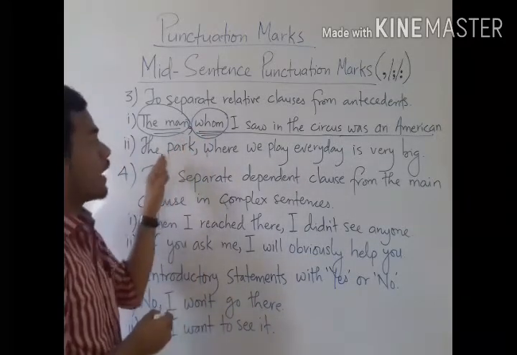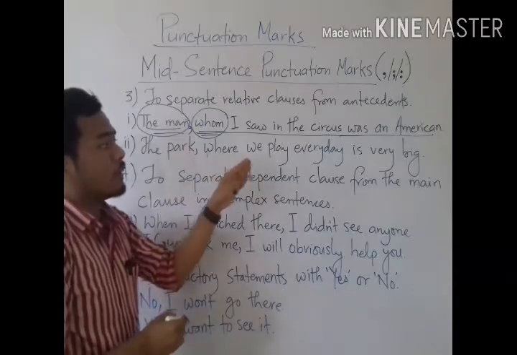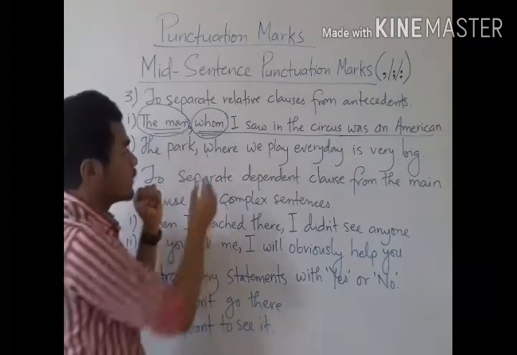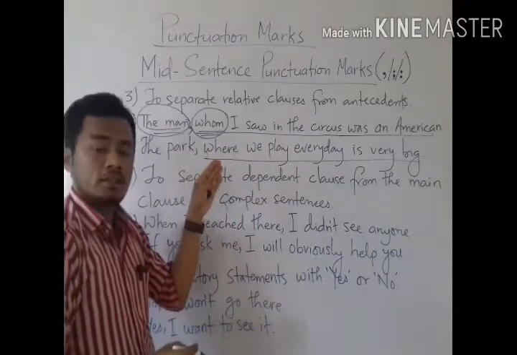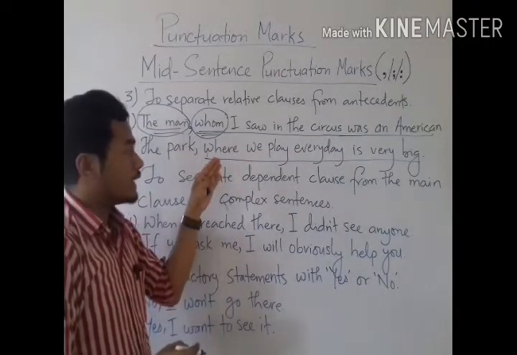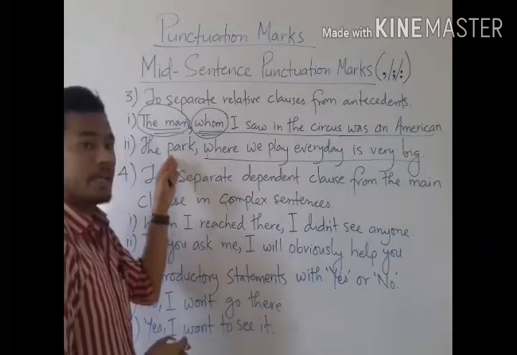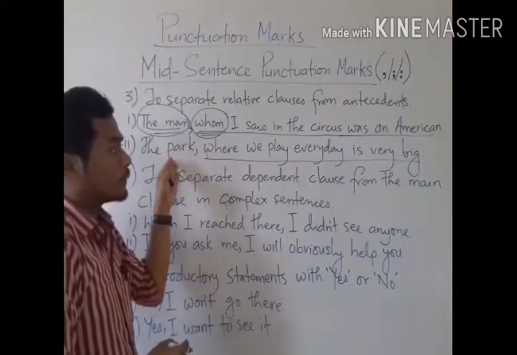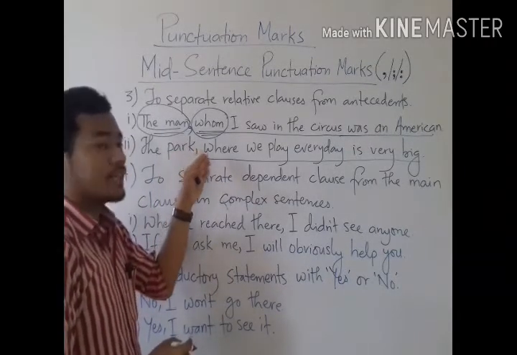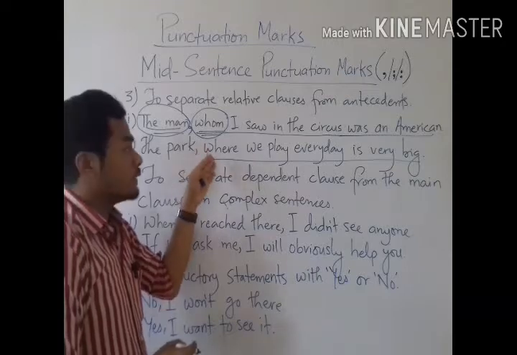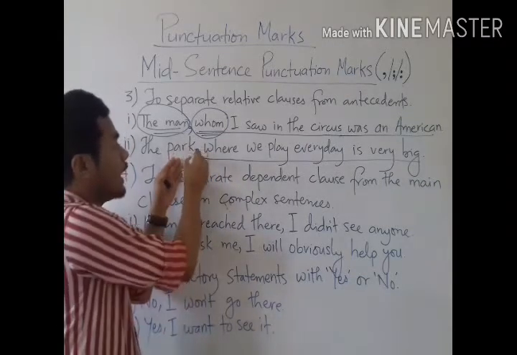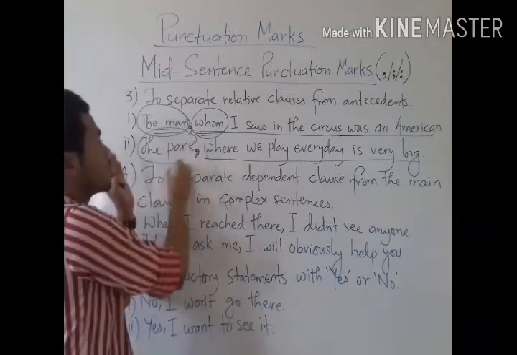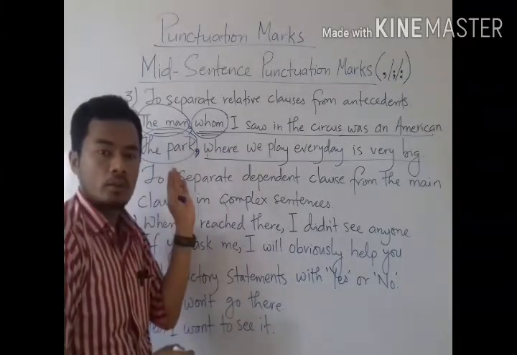Understood? In the same way, the part, comma, where we play every day is very big. See here, where we play every day is a dependent clause, and it has been separated from the antecedent. So the relative clause is separated by a comma, and its antecedent is the part, which is a noun.